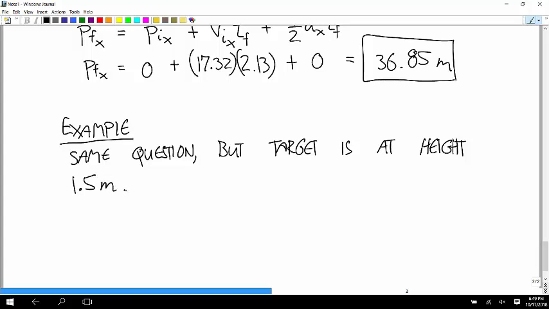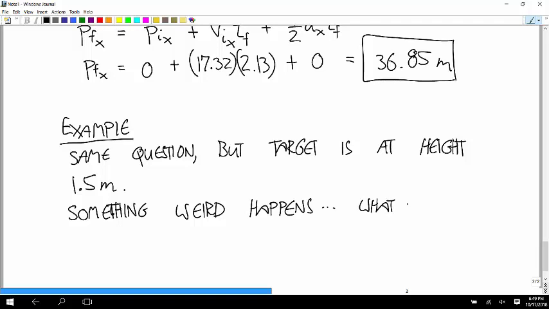The way you solve this problem is basically identical, but something confusing happens. Something weird happens. We'll get the answer too. Okay, so see if you can work through that one.